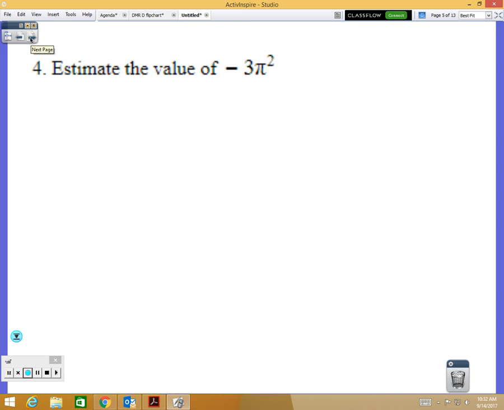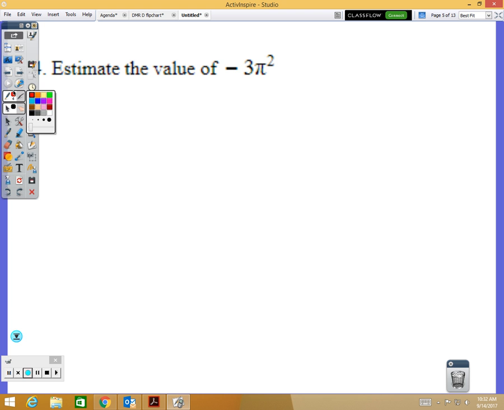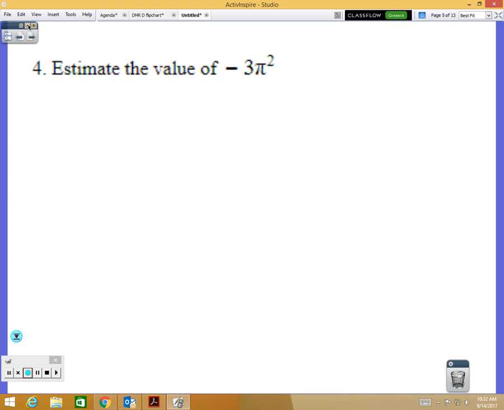All right, let's look at question number 4 then. Some of you remembered seeing a question like this on the test that we had mid-quarter. And it wants you to estimate, so that's an important part of this. Estimate the value of -3 times pi to the second power. Now, usually for pi, we use the number 3.14.